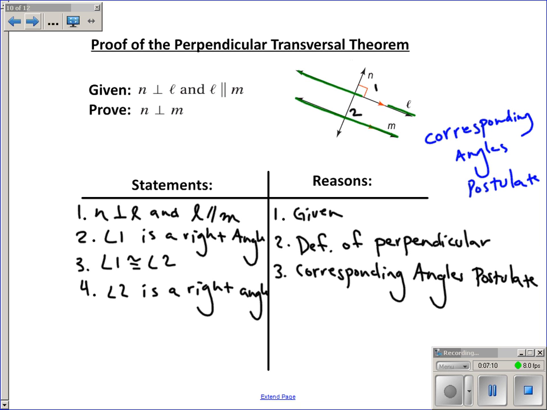I would say the reason is the definition of congruent angles. So if angle 2 is a right angle, then N must be perpendicular to M, and that's by the definition of perpendicular lines.